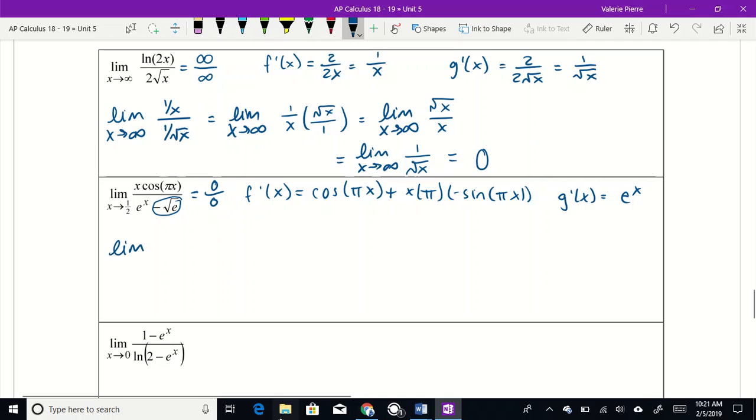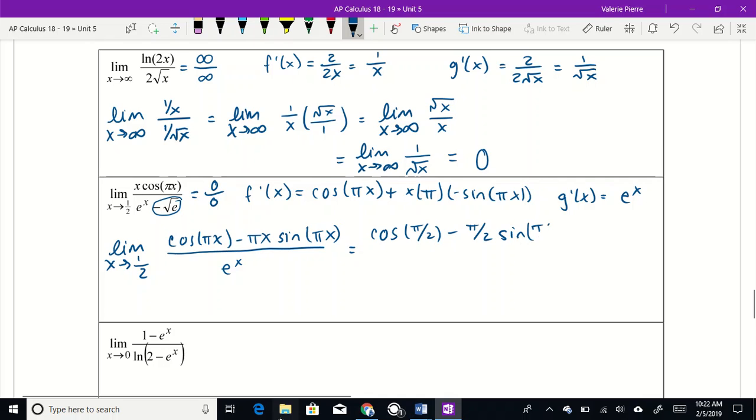So our new limit as x approaches 1/2 is of cosine pi x minus pi x sine pi x all over e to the x, which is equal to cosine pi over 2 minus pi over 2 sine pi over 2 all over e to the 1/2, which is equal to 0 minus pi over 2 over e square root of e.